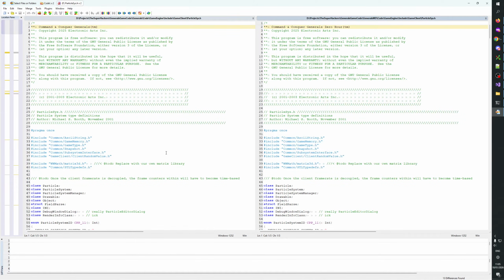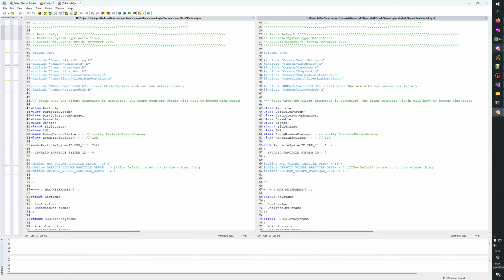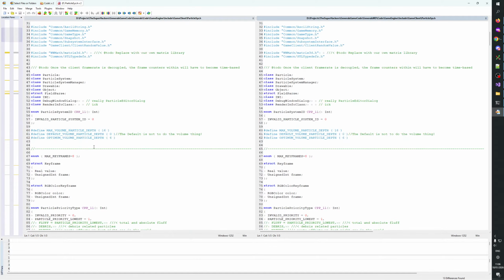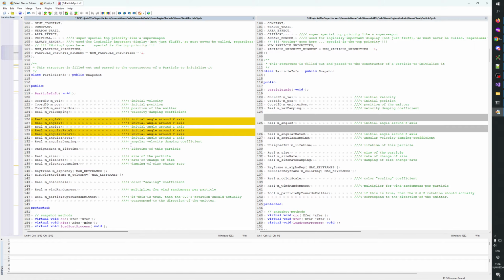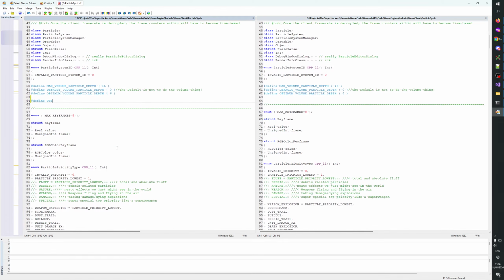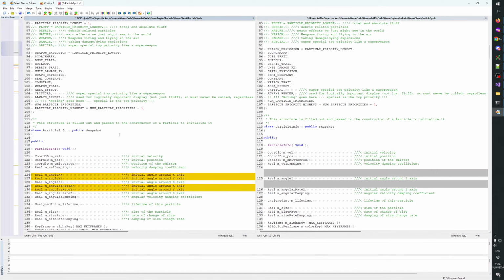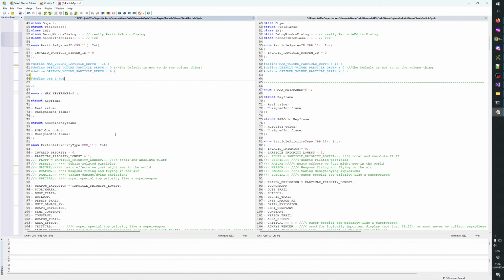I would say we do a merge by doing define use Z rotation only, 1.